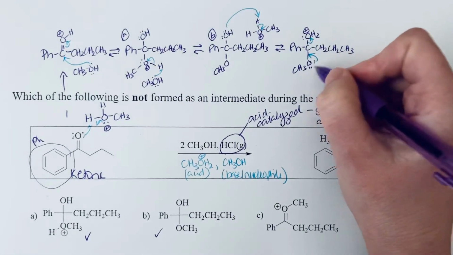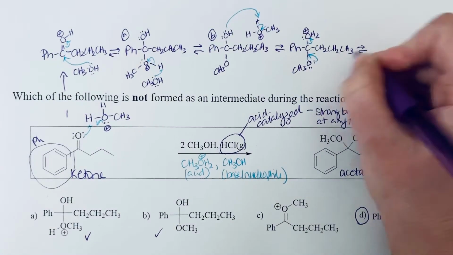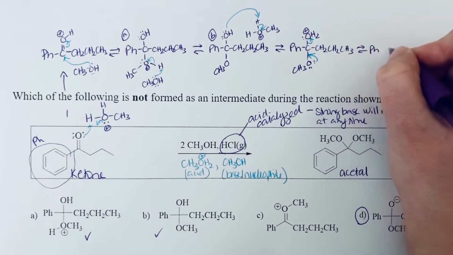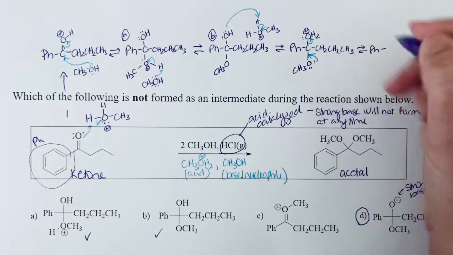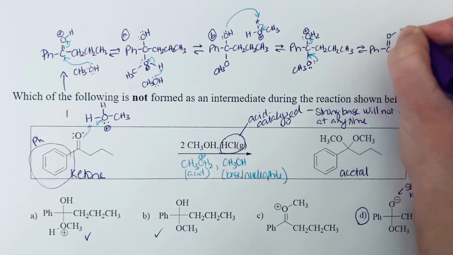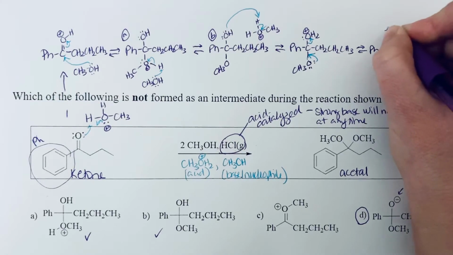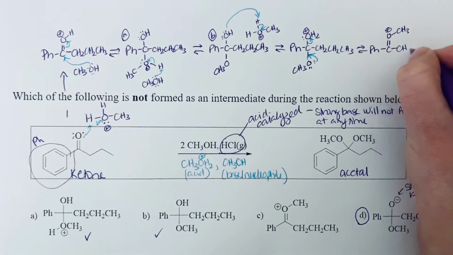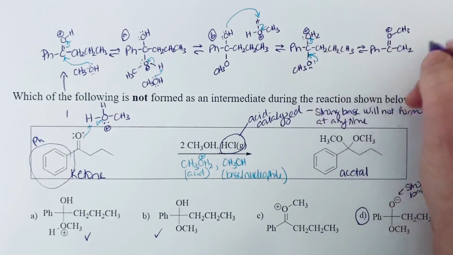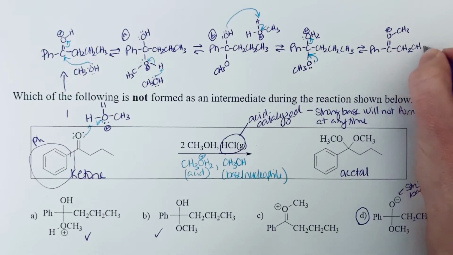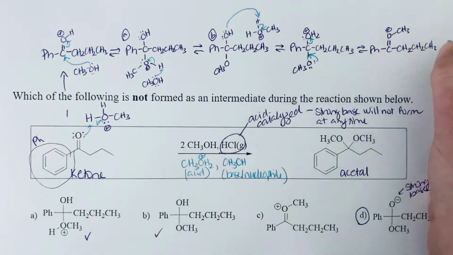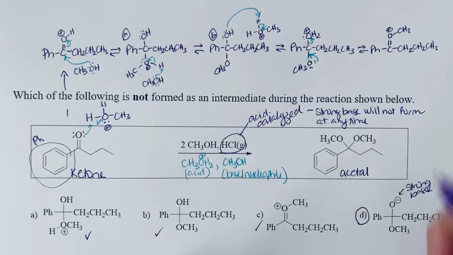And I'm going to flip this over, so don't let that throw you off. I'm going to flip it over so I have the OCH3 at the top. And so here we've lost the water, we've got one of the alcohol groups attached, so we're getting kind of close. And we should also notice that this intermediate is C.